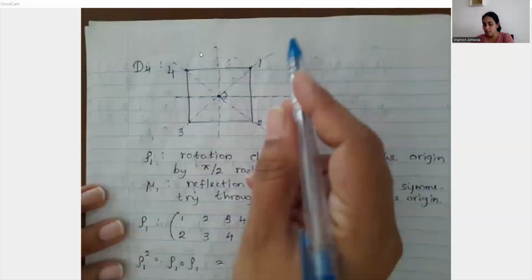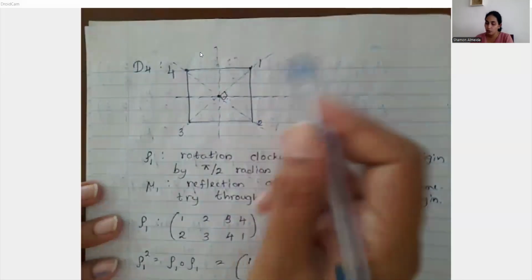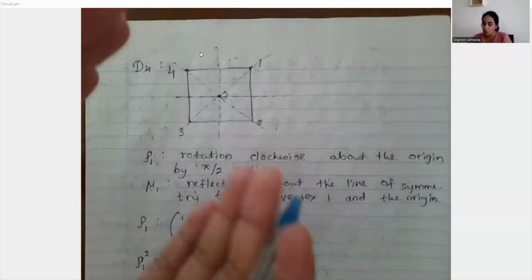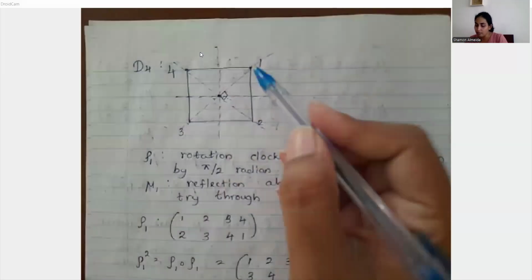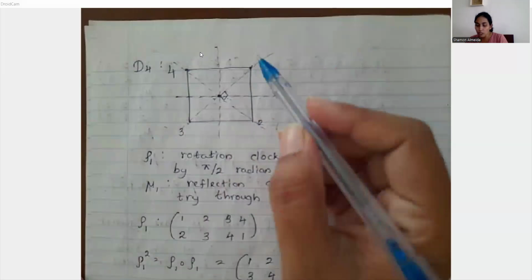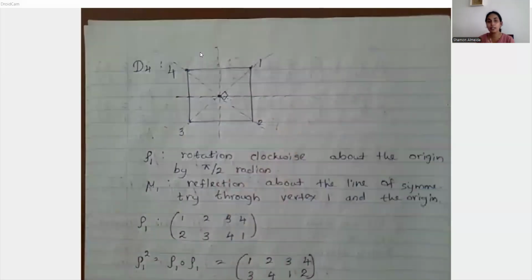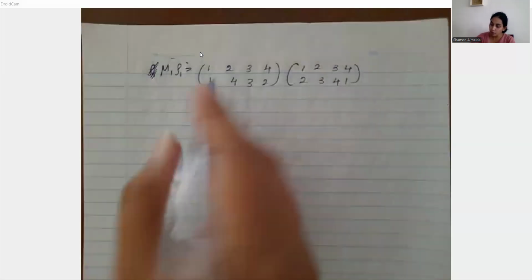The line of symmetry is this now. Even though we have shifted the labels, this is our line of symmetry. Now we reflect it over this line. In this case, we have elements 4 and 2 fixed. 1 and 3 will be swapped, right? You can see this by actually computing this.